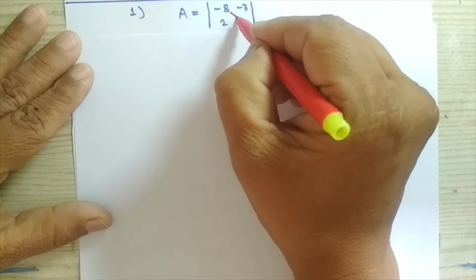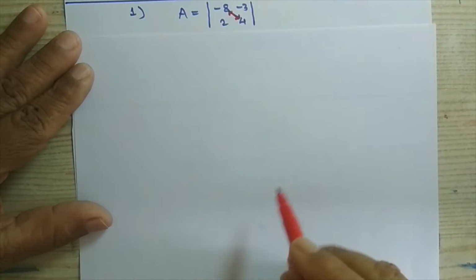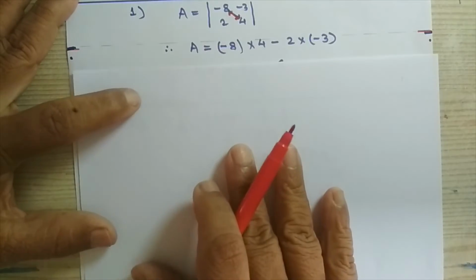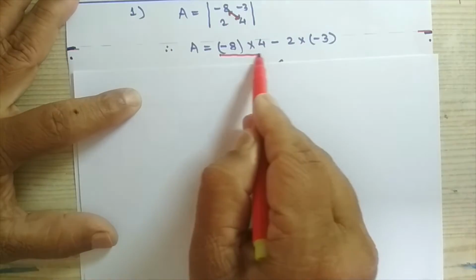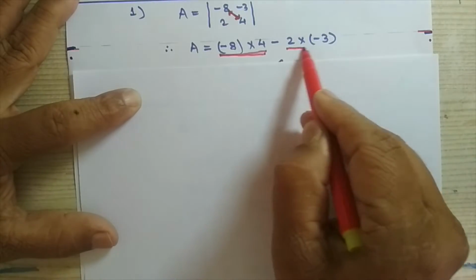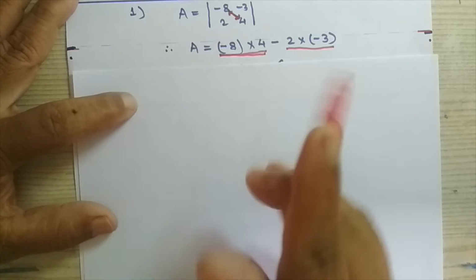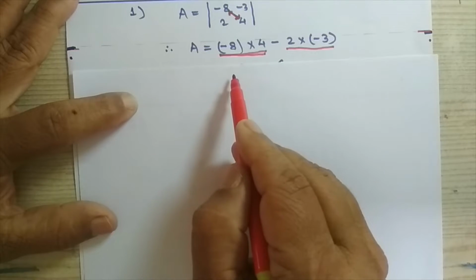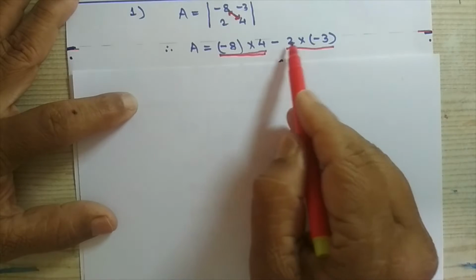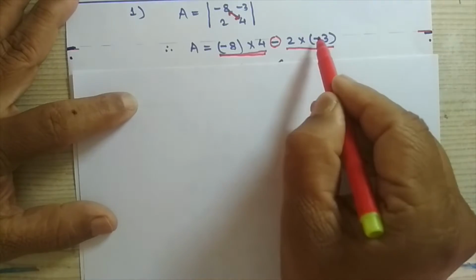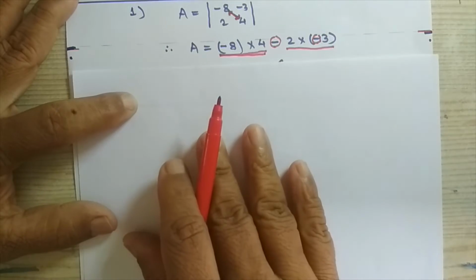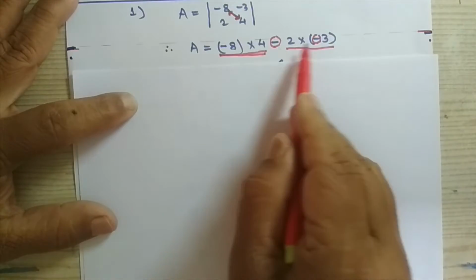Therefore, we have to multiply these two numbers and subtract the remaining one. See here, A is equal to minus 8 into 4. This is the first multiplication. Minus 2 into minus 3 is the second multiplication. Minus into plus means minus, 8 fours are 32, and minus into minus is plus, 3 twos are 6, so minus 32 plus 6.